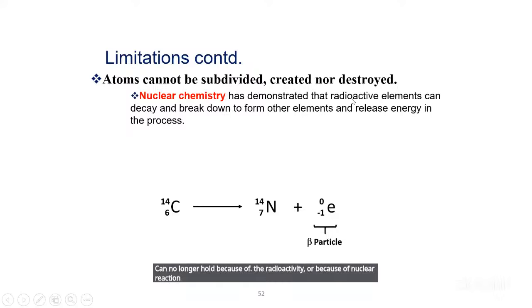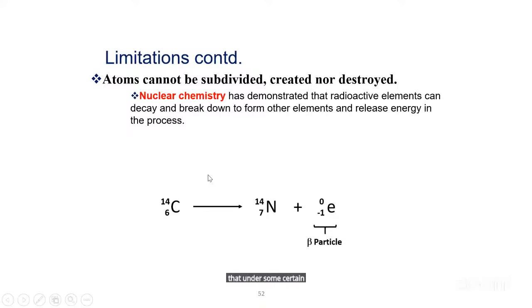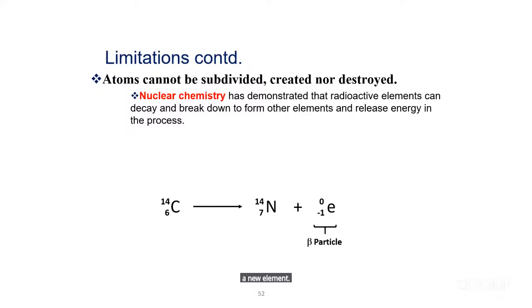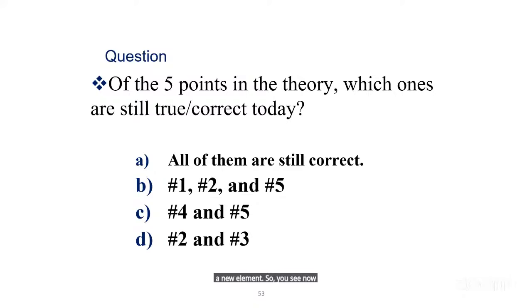There are some elements that are radioactive that under certain conditions can actually decay or break to form a new element. So you see now that we have 3 limitations. Now that brings us to question number 5.